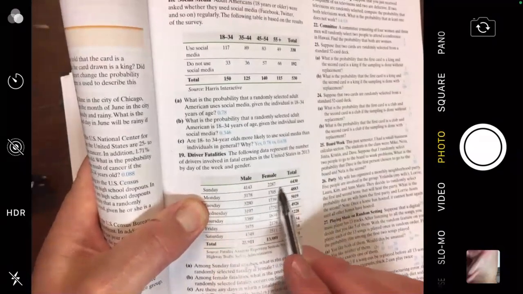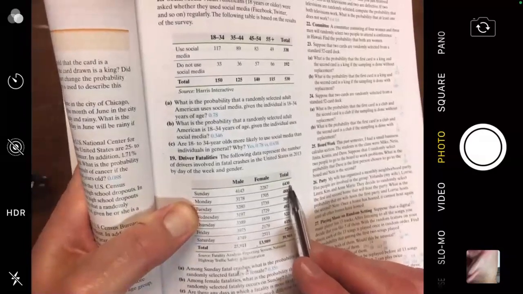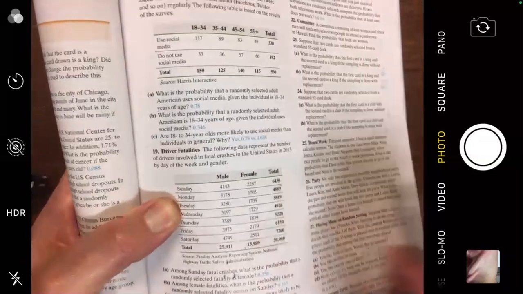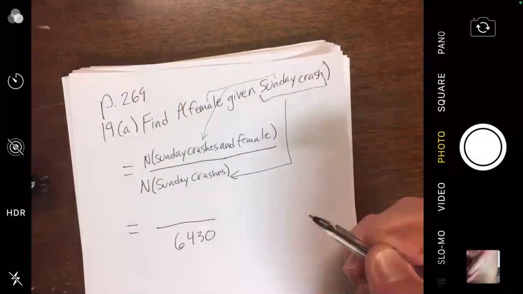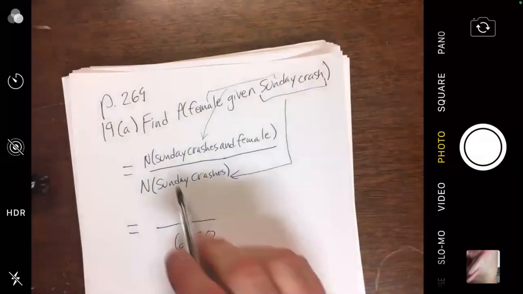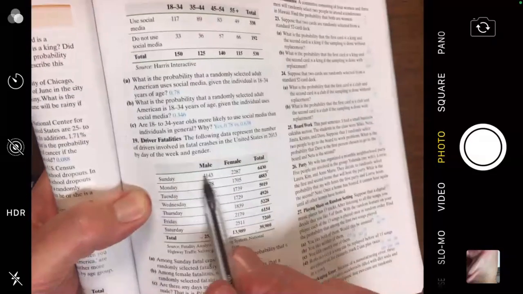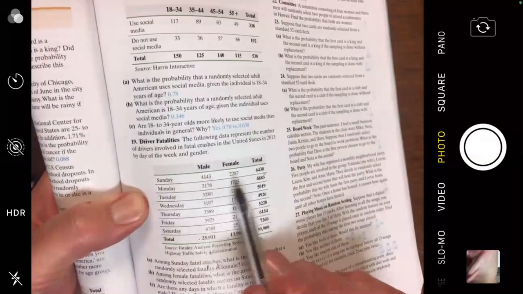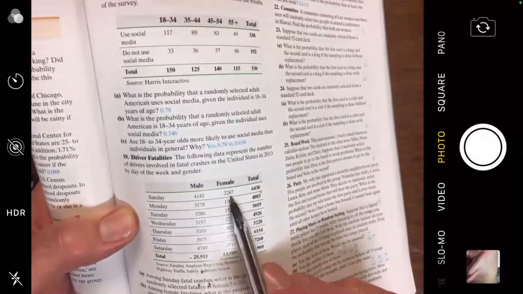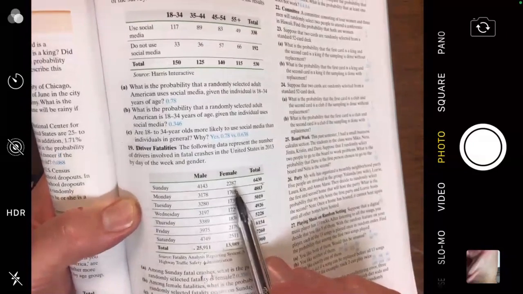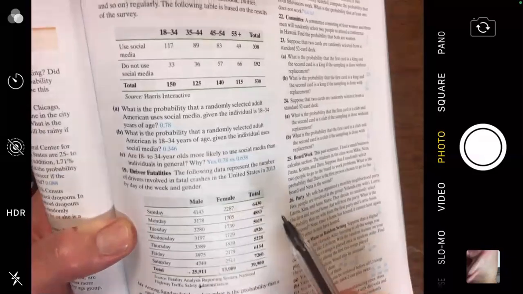Total of 6430. Can you see it's 6430? And then now you want Sunday crashes and female. So Sunday crashes looks across this first row. And the ones that are involved in Sunday crashes and they're female is 2287.